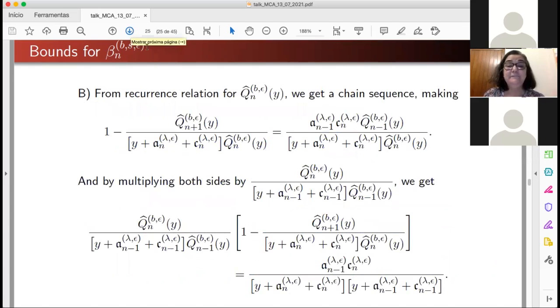The second result actually is a very well-known method. We use the recurrence relation for Q and hat, and we divide by this quantity and multiply.